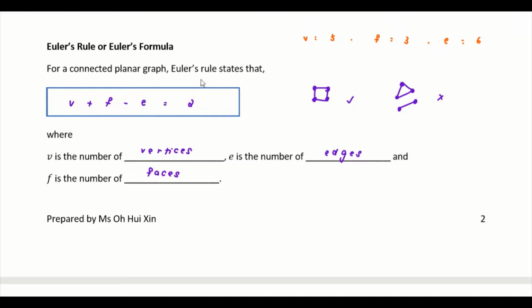So this is like a rule or identity. All connected planar graphs should satisfy this rule. The same thing if you are given V and E, you can solve for F as well. If you are given F and E, you can solve for V as well. So that's the idea. Okay, let's look at another two examples.